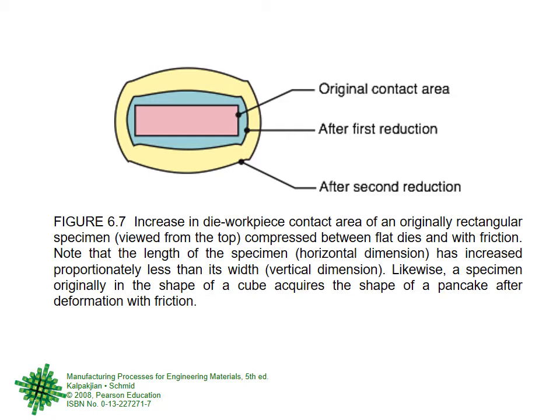It was rolled 2 times, 3 times, 4 times. So the total reduction is maybe 40% thickness reduction, but we did it in 3 or 4 steps. Why do we do that? If we try to do all the 40% reduction in thickness at one time, we will have to apply so much force that maybe some tools break, or there are cracks in the material. So to reduce that effect, we do the operation in steps.